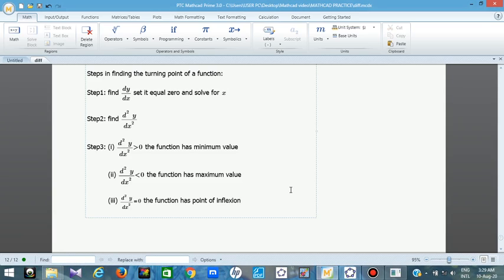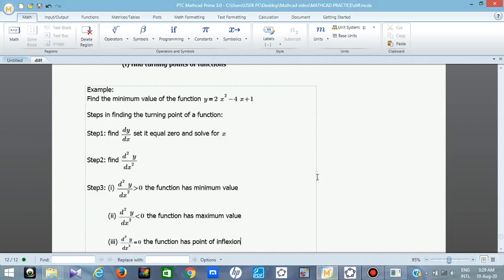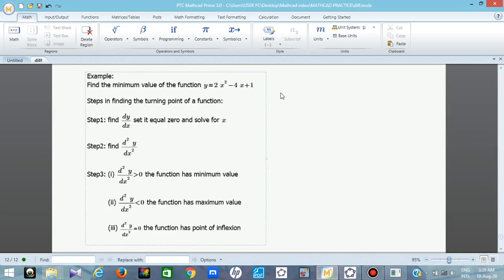So we are not doing point of inflection for now. We are not doing this for now. So this is our major target, minimum and maximum point. So these are the steps in order to calculate the maximum or minimum value of a function. So I want you to take note of this. It's very, very important. So with these steps, let's use it to solve this question.